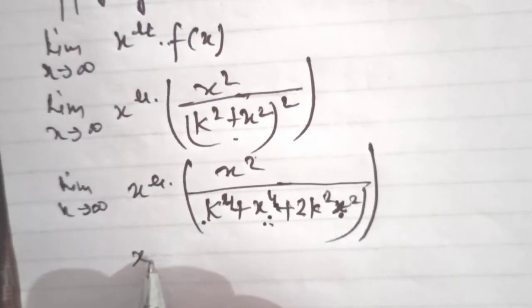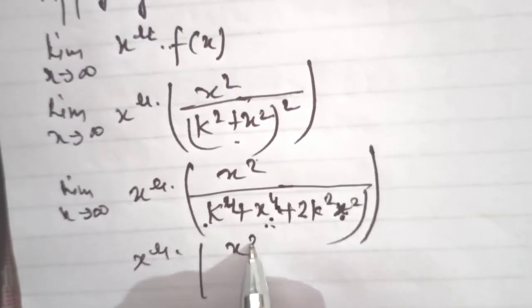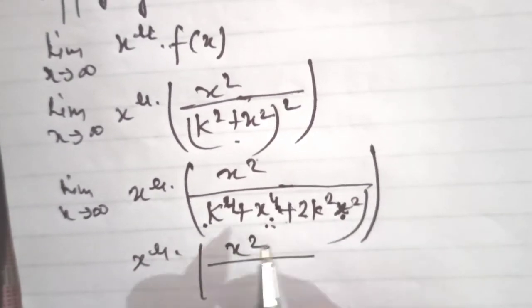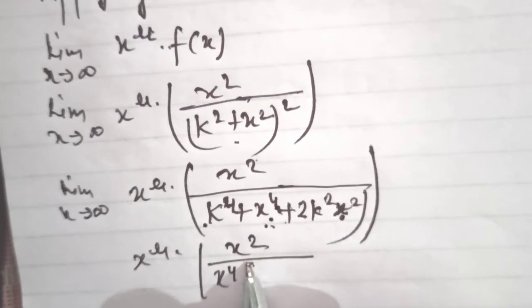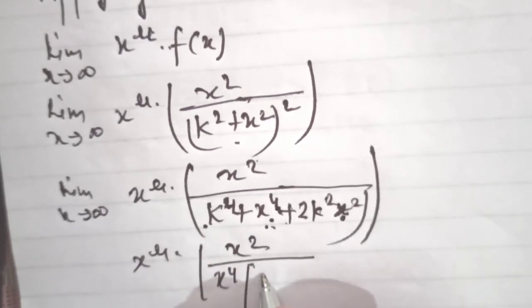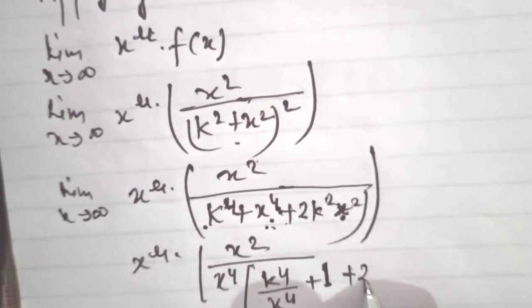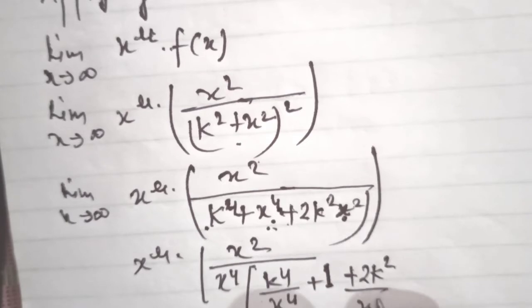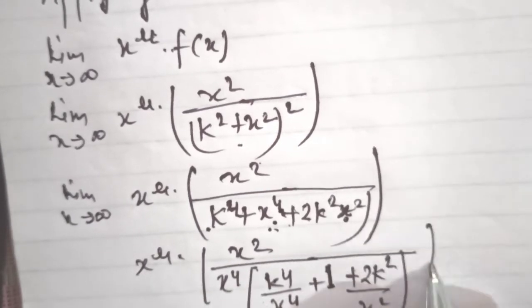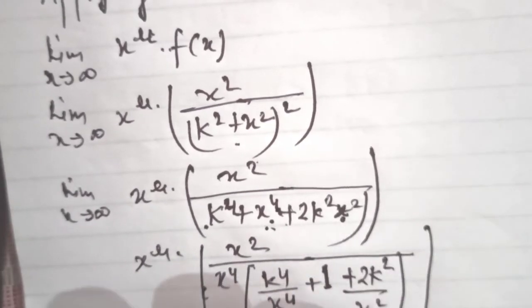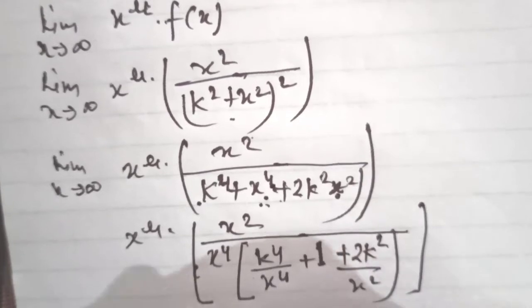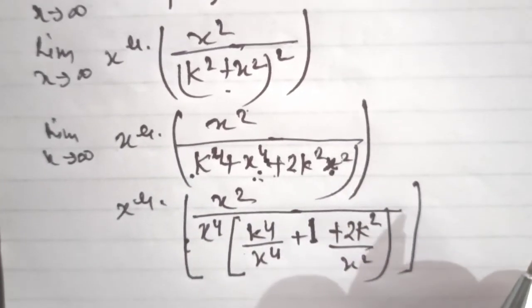So take x to the power mu into x square upon, here I am taking common x to the power 4. So here k to the power 4 upon x to the power 4 plus 1 of course, plus 2k square upon x square. I hope it will be clear. So this is the function.